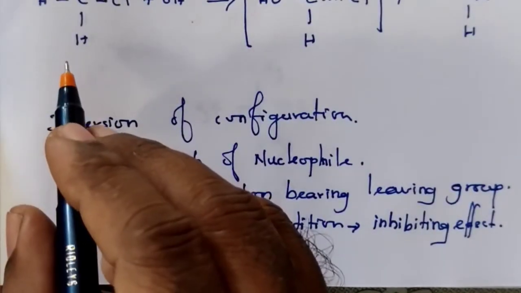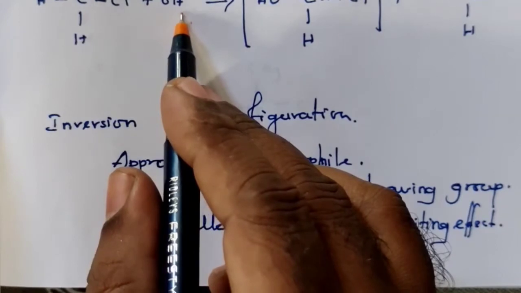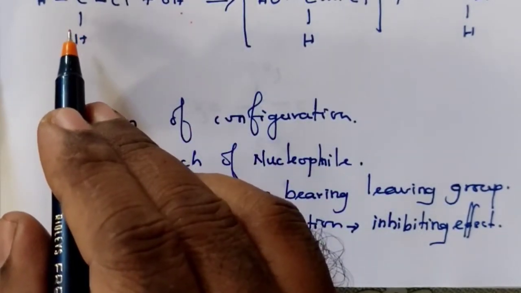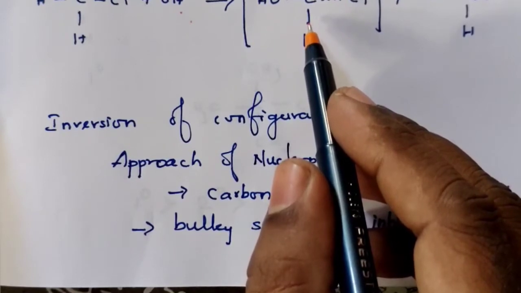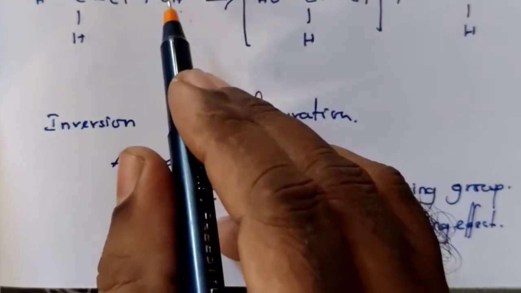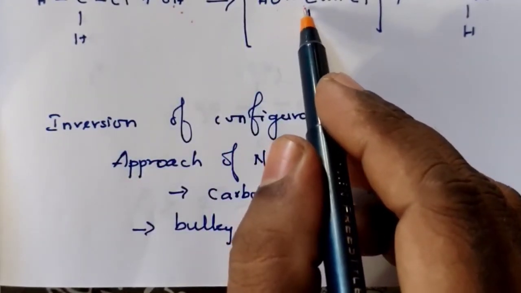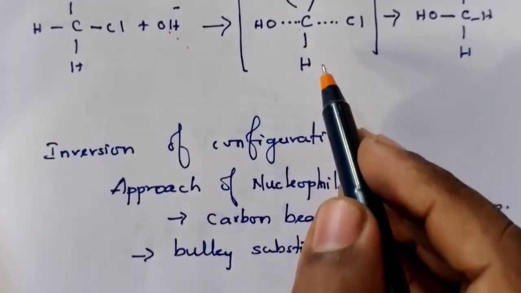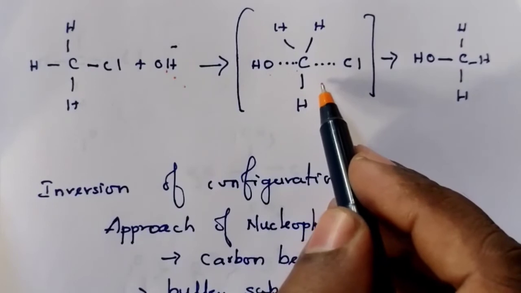Because of the backside attack, when OH minus approaches the substrate molecule, we will get a state. Just look at this state. In this state, the OH-C bond, a new bond, slowly starts forming.